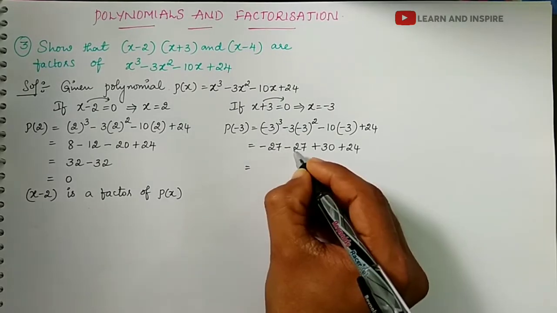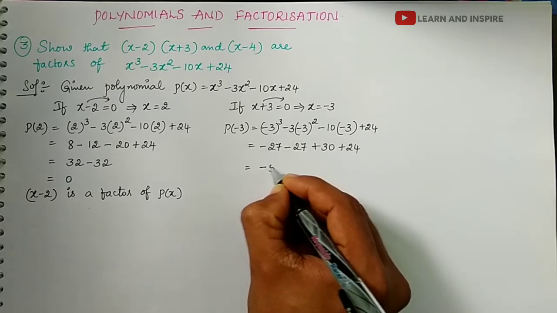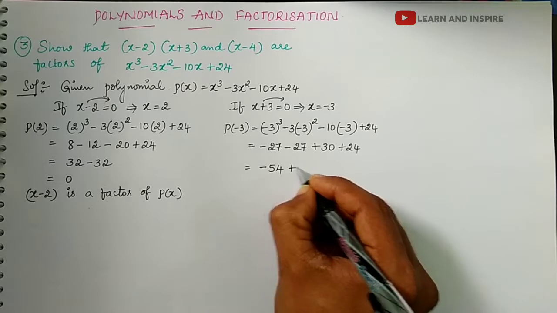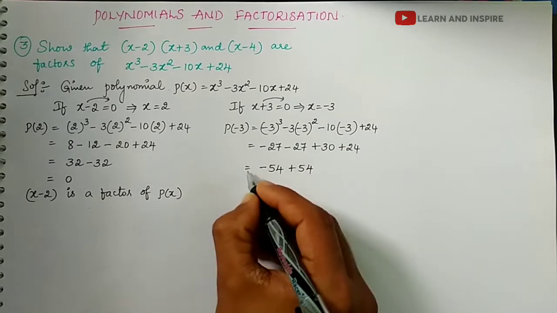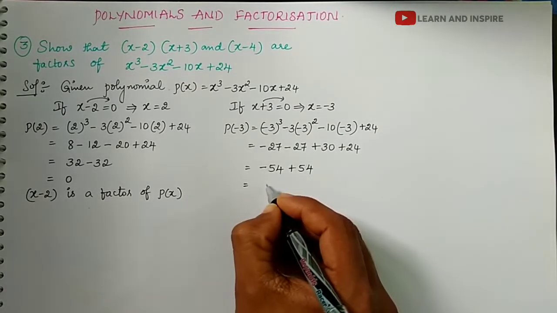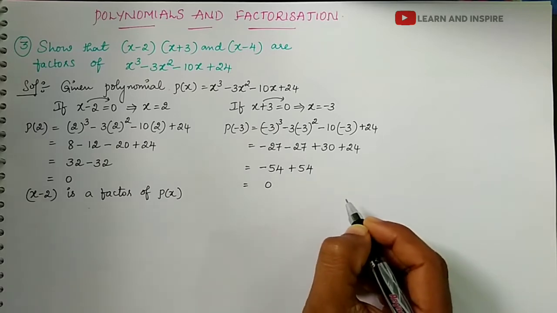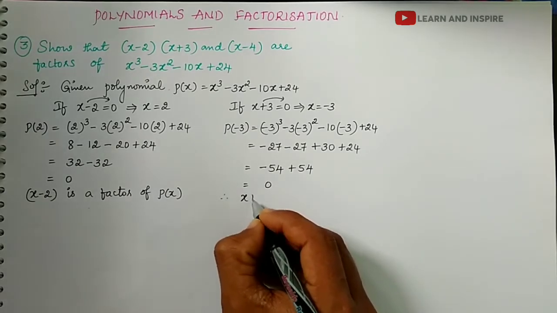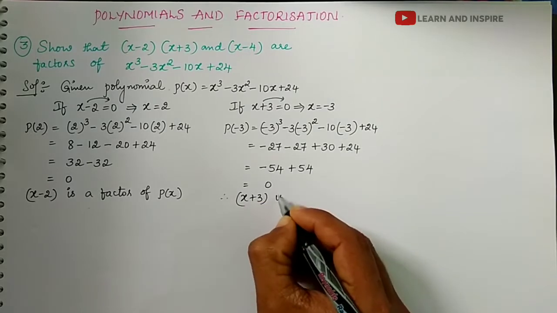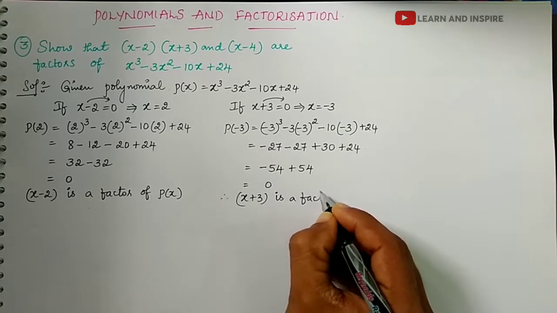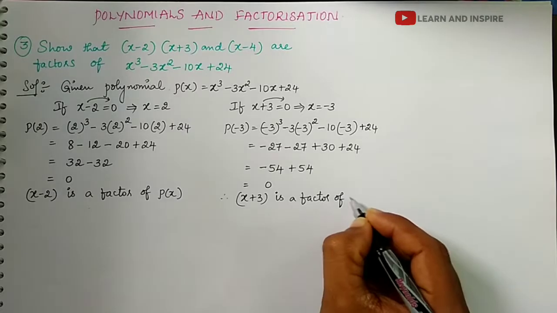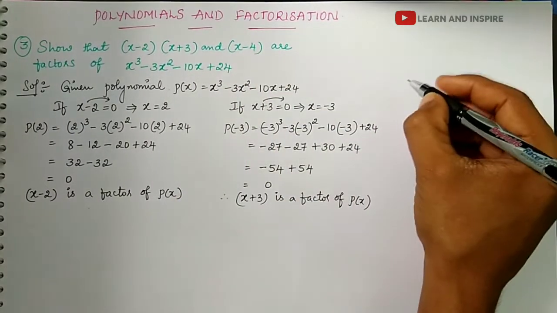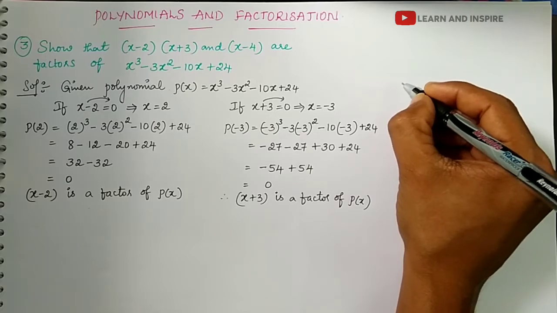So minus 27 minus 27 is minus 54, plus 30 plus 24 is plus 54. So minus 54 and plus 54 is equal to 0. From this we can say x plus 3 is a factor of p of x.